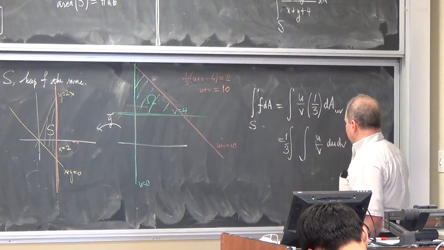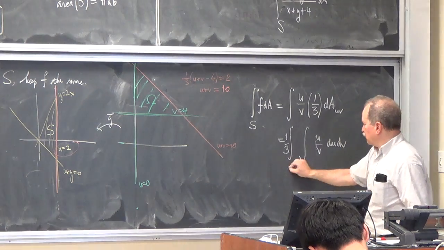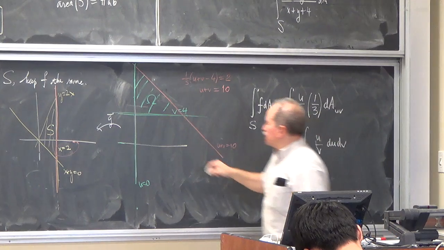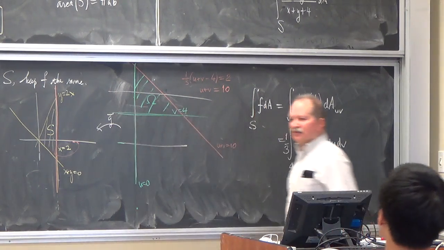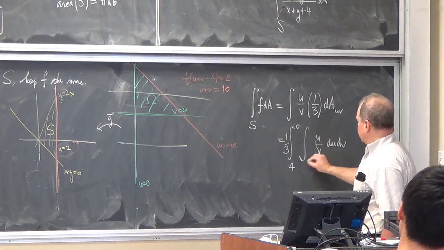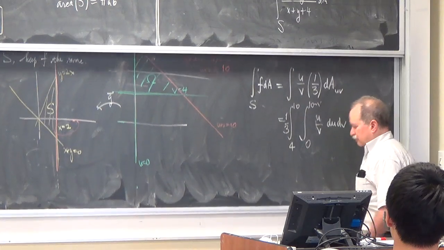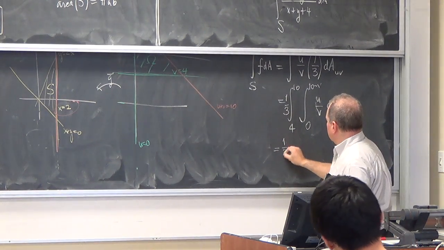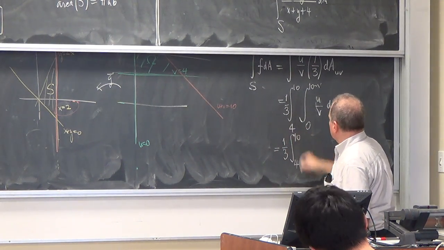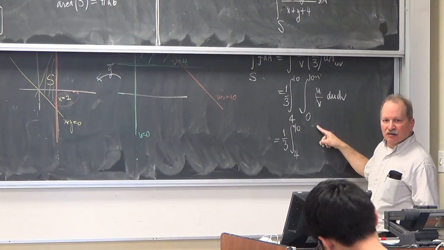All right. v goes from what to what? 4 to 10. And for fixed v, what does u do? It's from 0 to 10 minus v. Integral of du is 1/2 u squared.